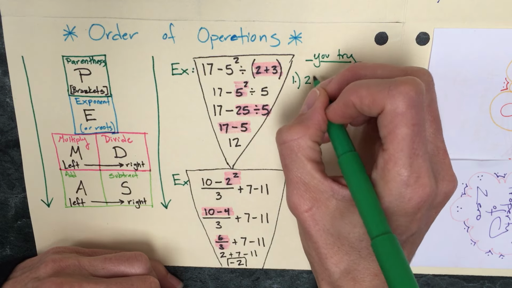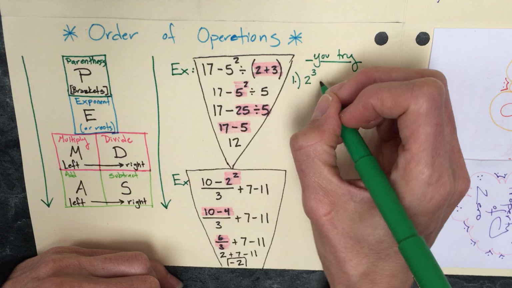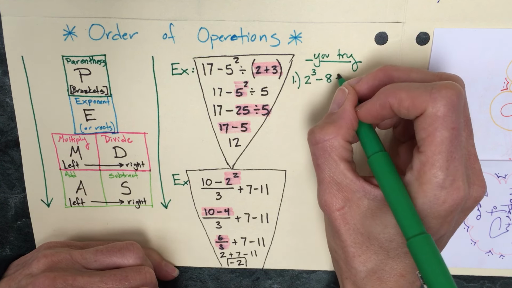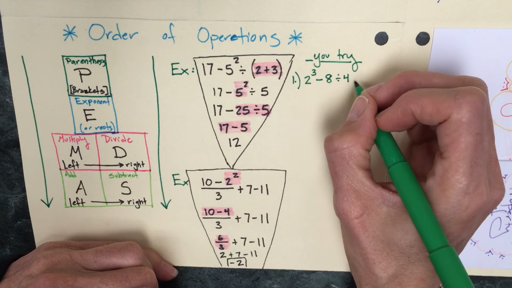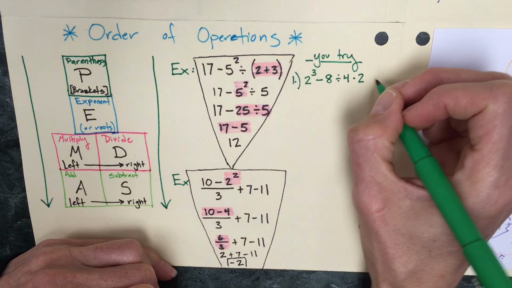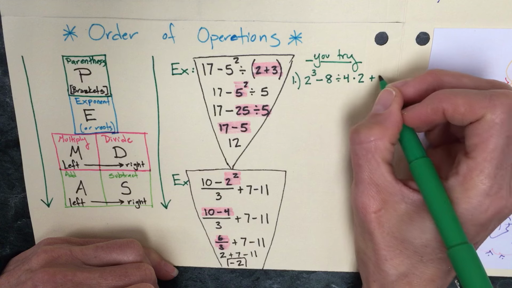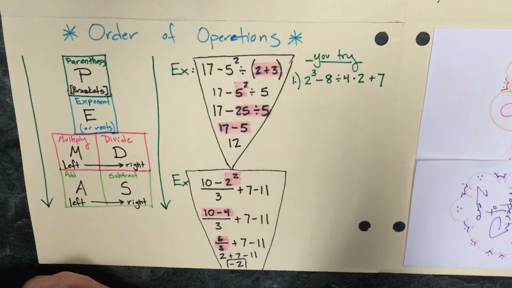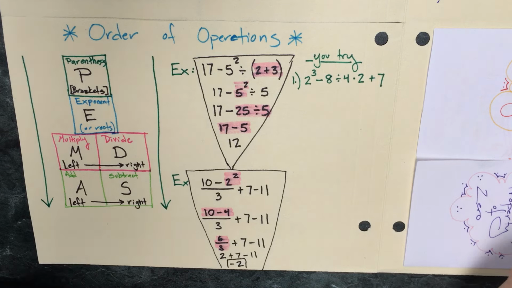Let's do 2 to the 3rd power minus 8 divided by 4 times 2 plus 7. I would like you to pause right now. Give yourself a minute to try. Okay, let's see how you did.